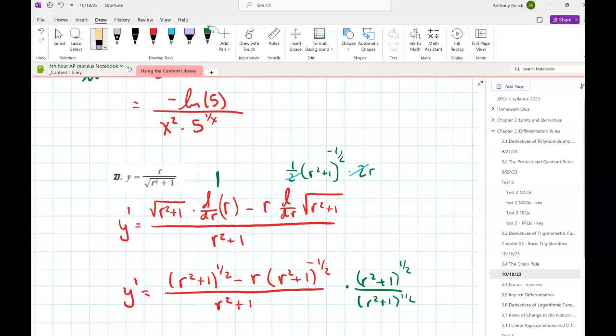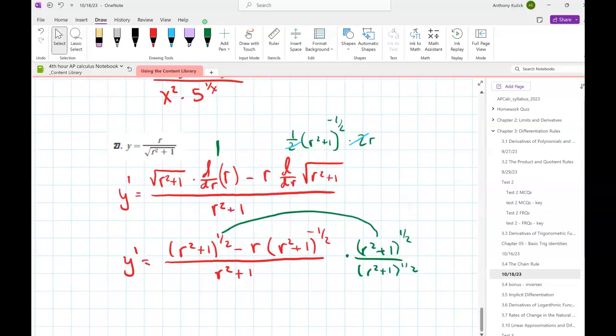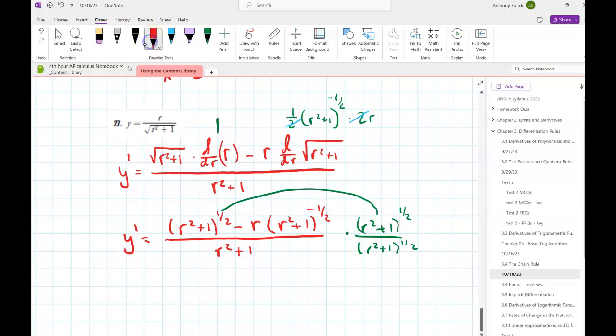If I just multiply the top and bottom of this by r squared to the 1/2, when I multiply to the numerator, I just have r squared plus 1, right? For the first term. When I multiply to that term, I just get an r.